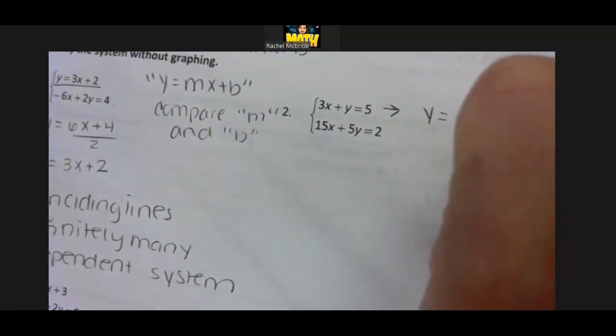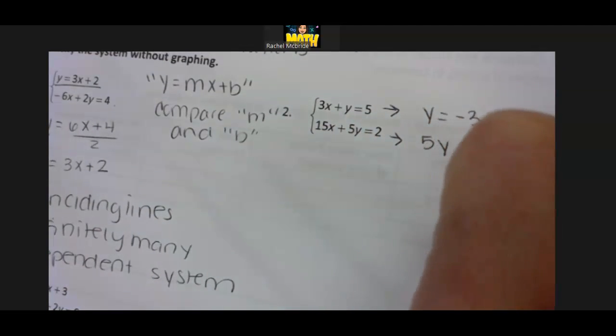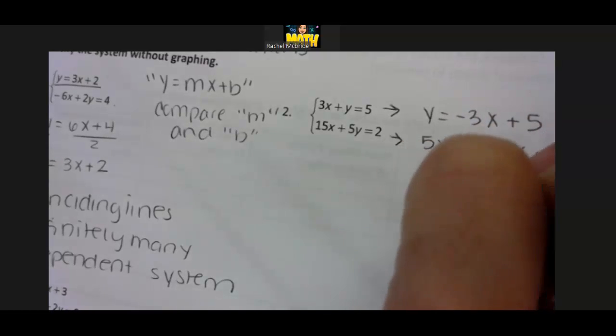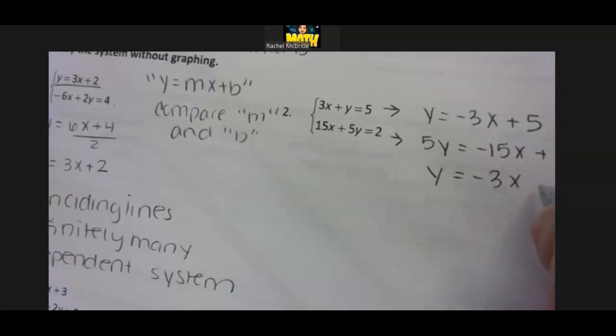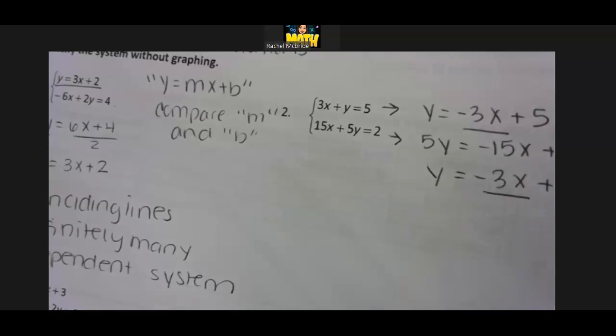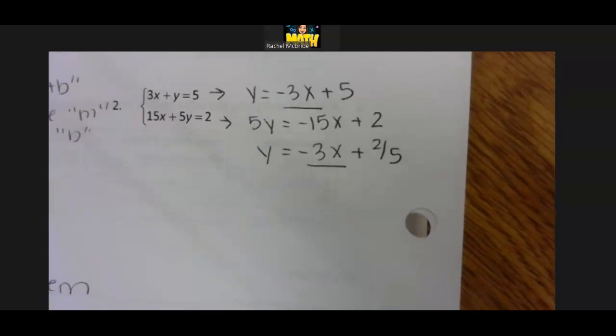Solving for y, you get y equals negative 3x plus 5. Over here, we get 5y equals negative 15x plus 2, or y equals negative 3x plus 2/5. So what you'll notice is that the slopes are the same, but the y-intercepts are different.